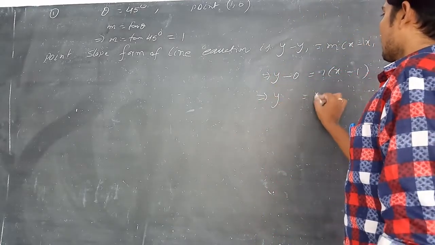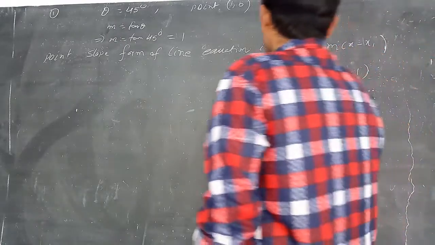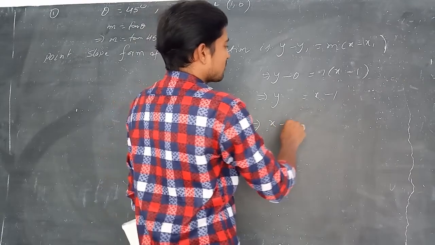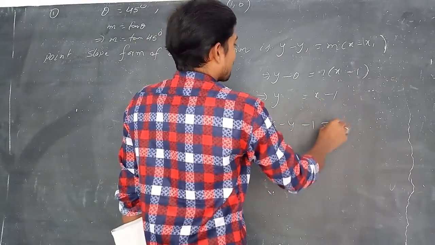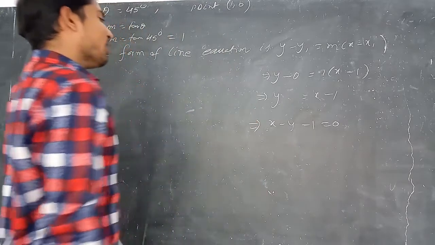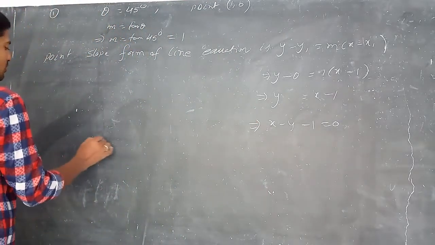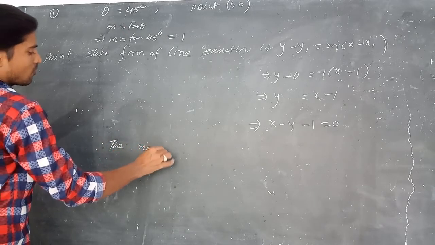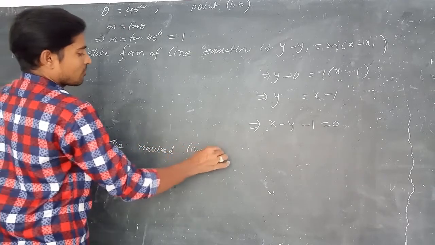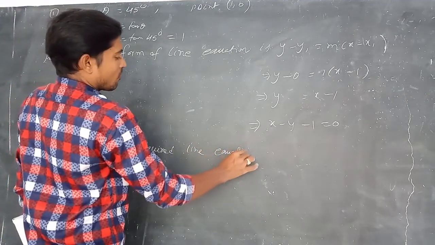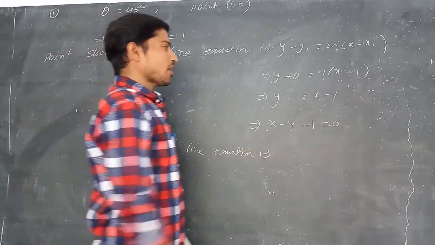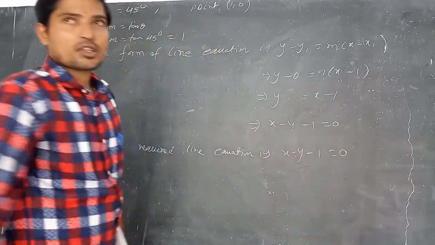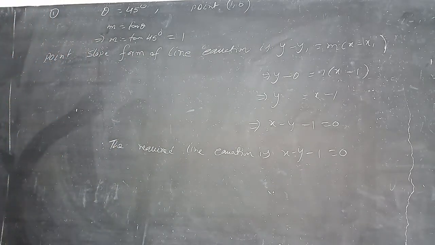Y equal to x minus 1. Then x minus y minus 1 equal to 0. Therefore, the required line equation is x minus y minus 1 equal to 0. Right? Now, next problem.